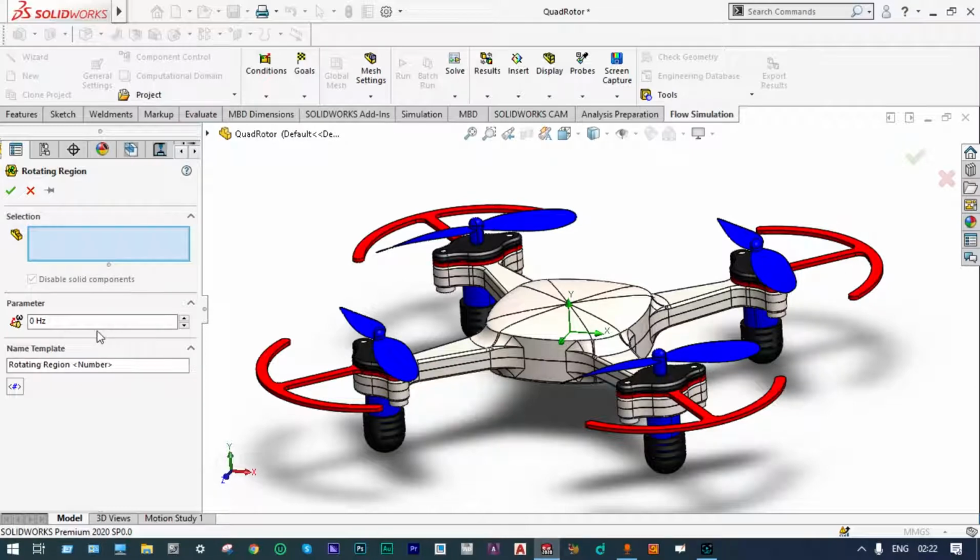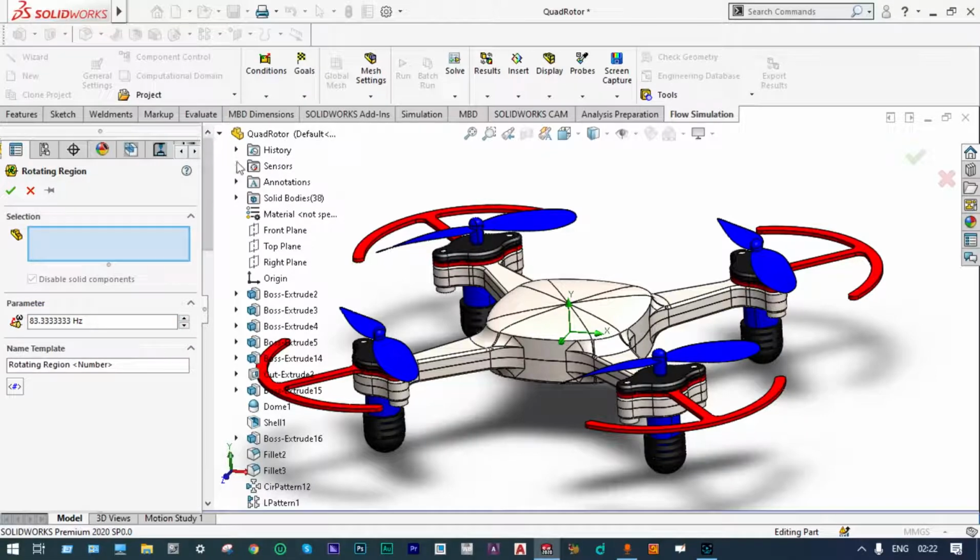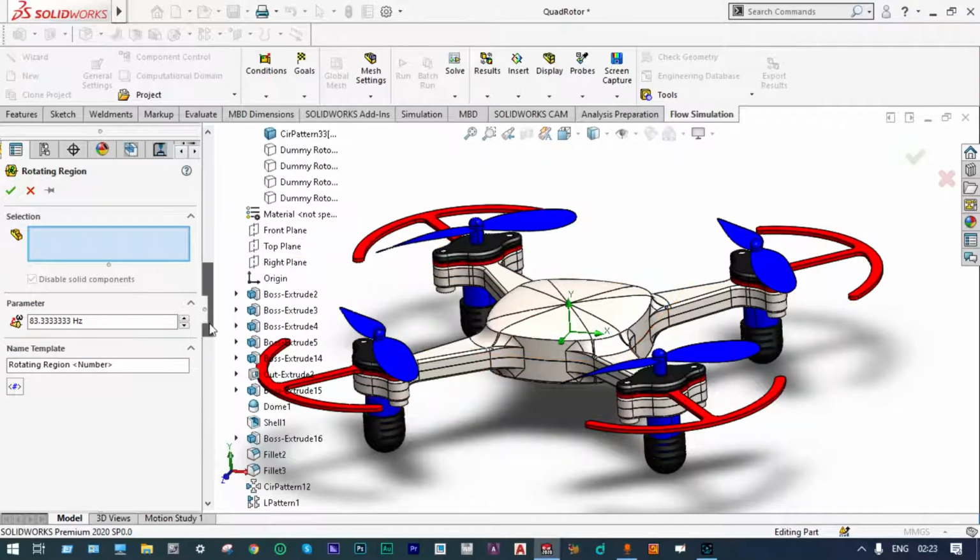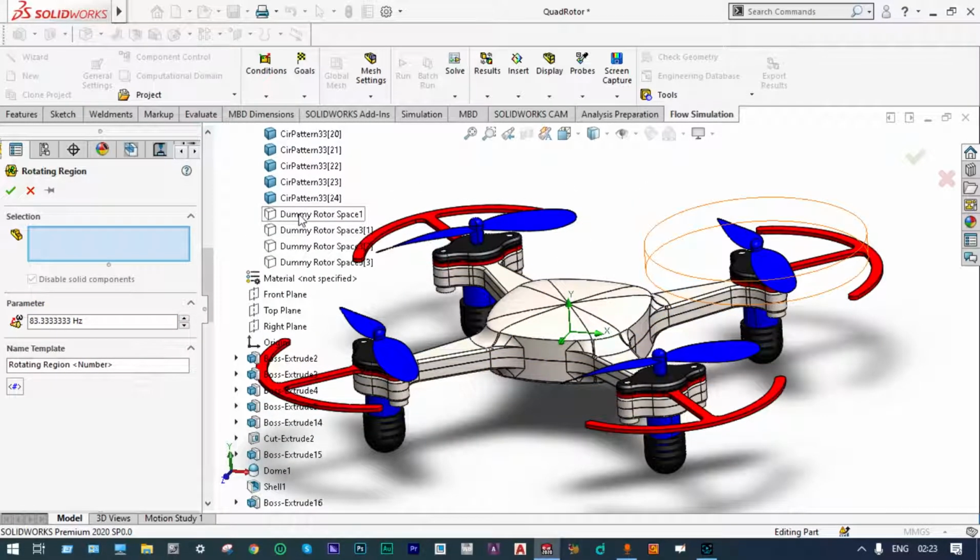We are planning to provide a rotation of 5000 revolutions per minute, or RPM, for a pair of rotors. Let us provide this one as 5000 RPM, and we have to select that rotating dummy space. From the geometry itself we can select it. You can see these are the dummy spaces.